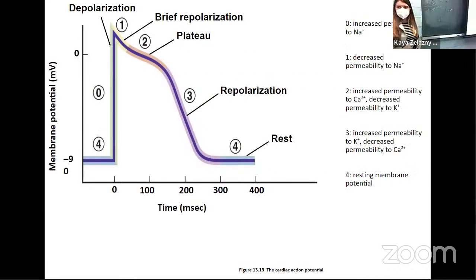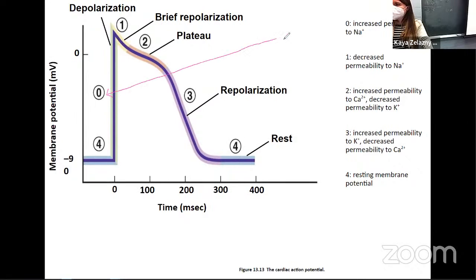Here we see our action potential in the contractile cell looking kind of different. We don't have this slow depolarization to threshold happening. We start pretty immediately with our big spike, our big depolarization. This big depolarization, this number 0, I've got to remind myself as well, right?